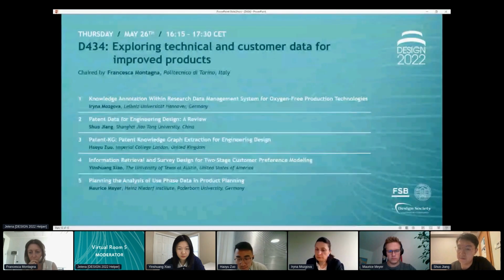And for the second question about how to use patent data to shed light on designers' behavior, I think patent data contain many innovation activity footprints and collaboration information of inventors and organizations in the bibliometric information of patents.